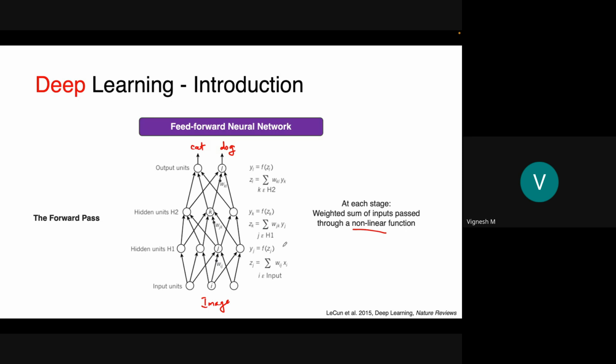For example, you must have seen CNNs or RNNs. They do not have a similar structure, but I'll show you how similar principles apply to those cases as well. That is, you have a forward pass where you are trying to combine inputs through weights and get to the next layer, and so on and so forth. And then there is a way to do what's also called a backward pass. We'll look at it.